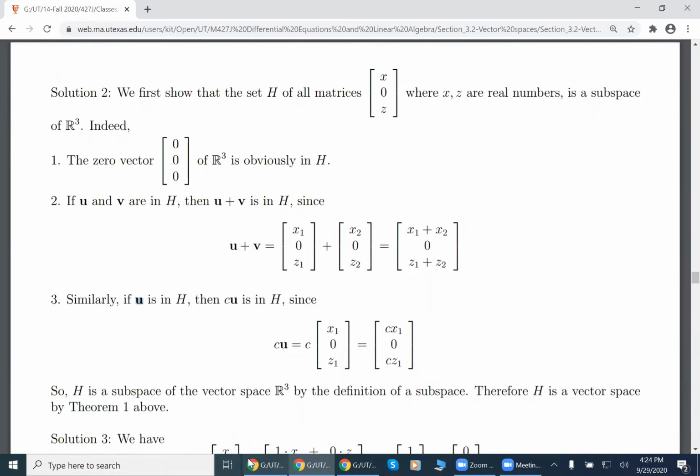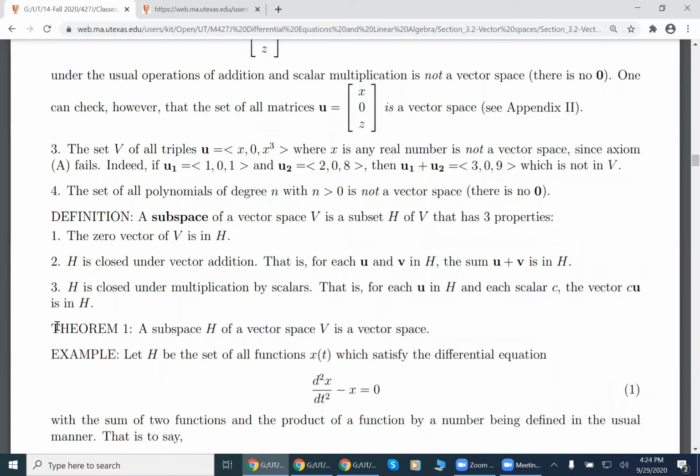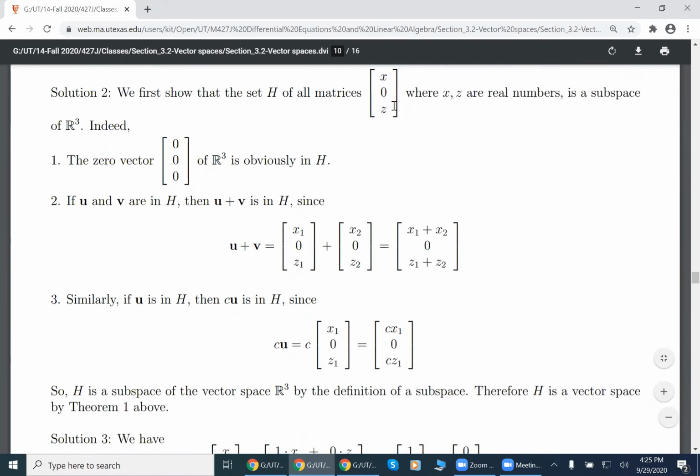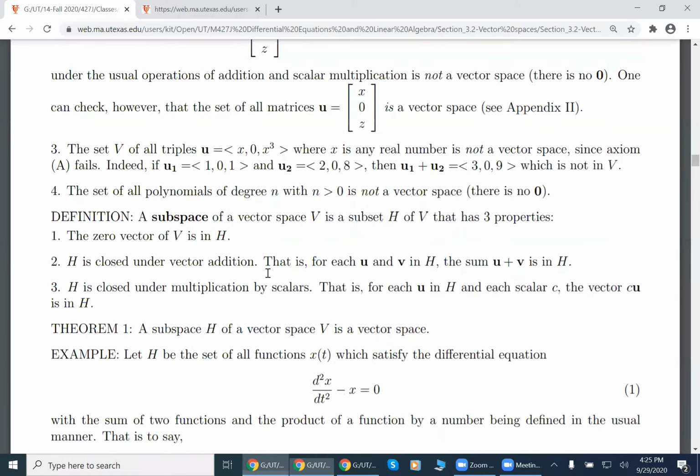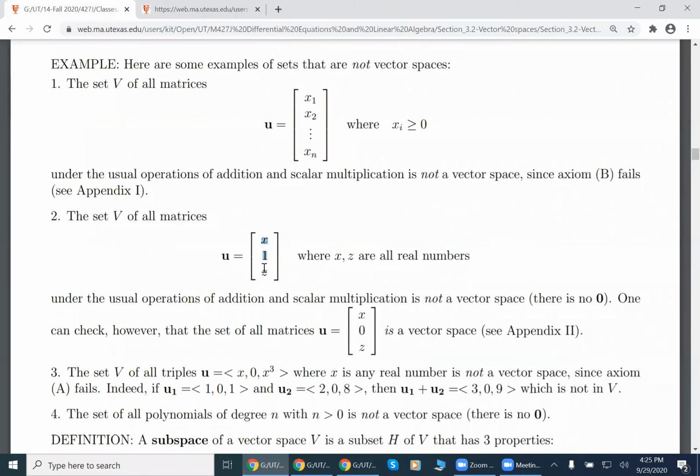Folks, any questions here? Why do we need 0 as the middle term in every matrix? Well, because if instead of 0 we have 1, this is not a vector space anymore. Because in such a set, and this set is over here, in this set, there is no 0.